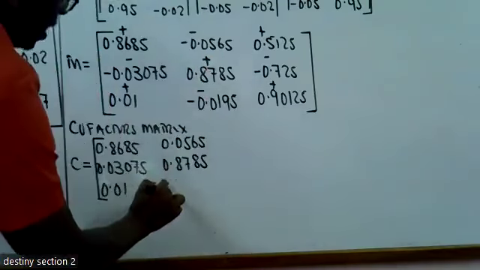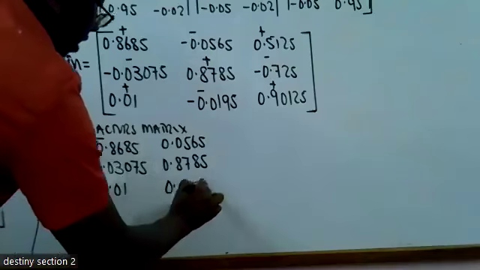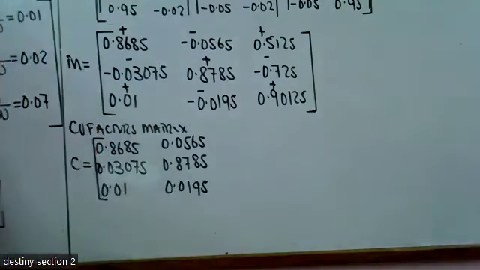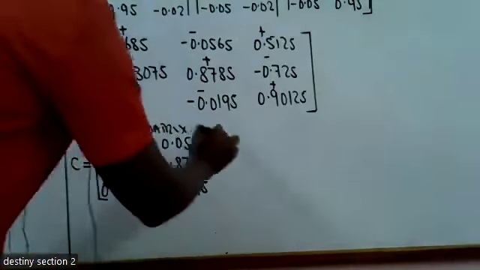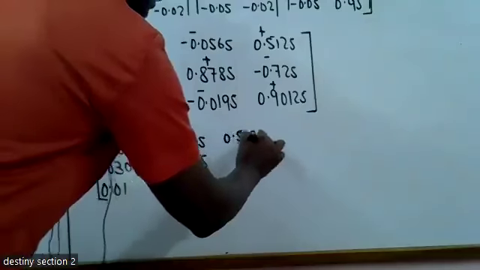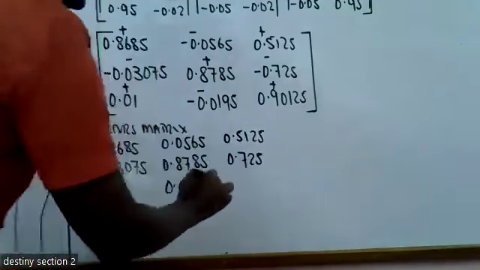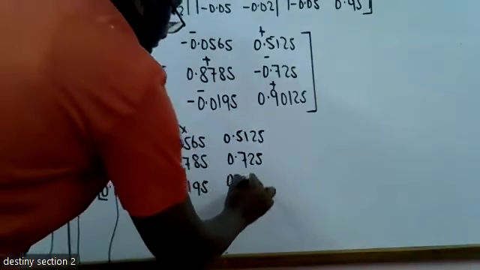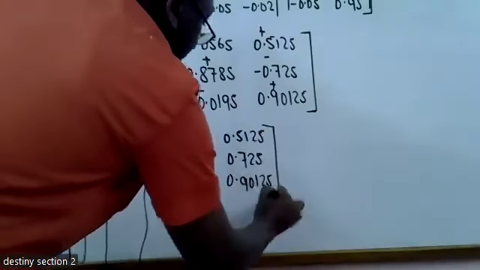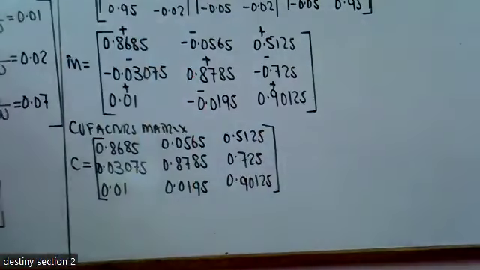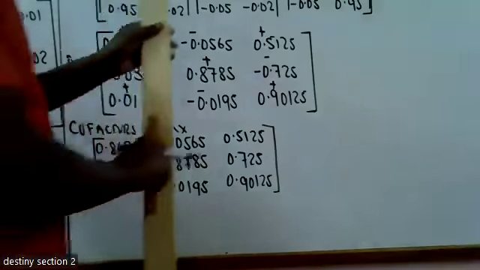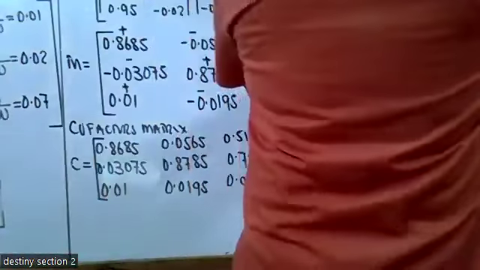Na hii ingine unabakisha 0.0195. Kuja kwa hii ingine, napata 0.5125, 0.725 and 0.90125. That way. That's what we call the cofactors matrix.